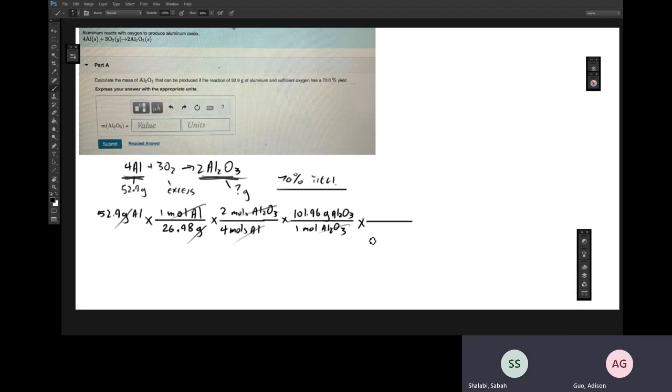So the way I usually do this is like this. For every 100 grams of theoretical, we only get 70 grams actual.